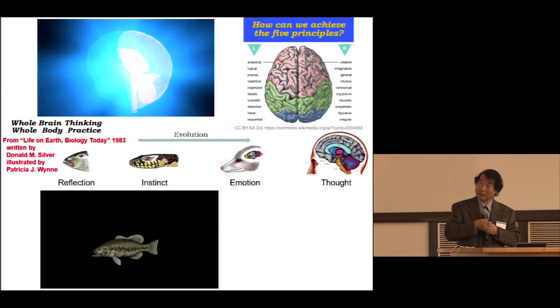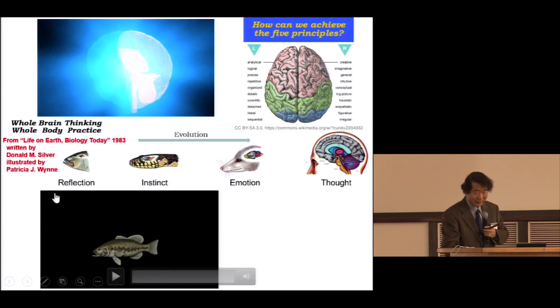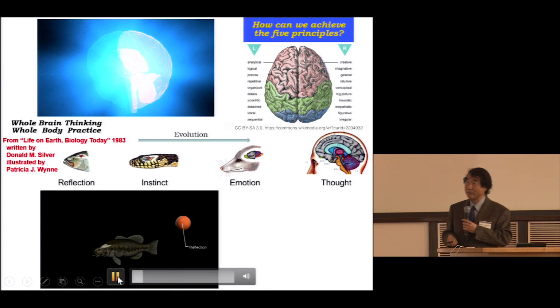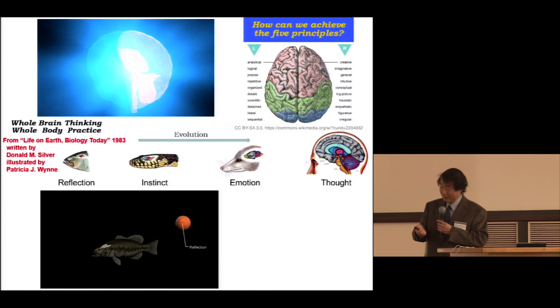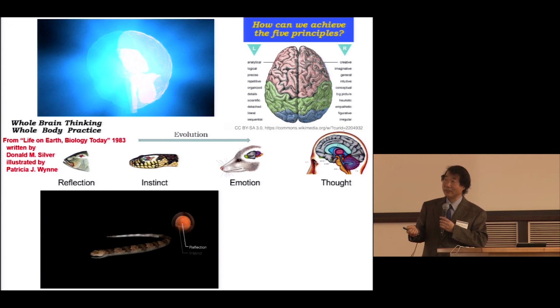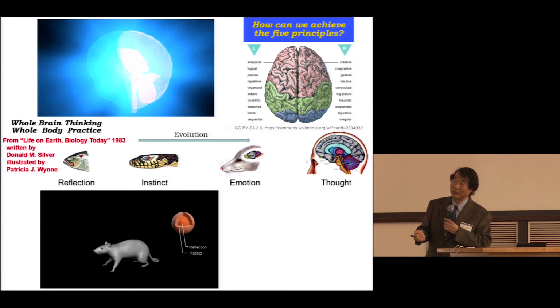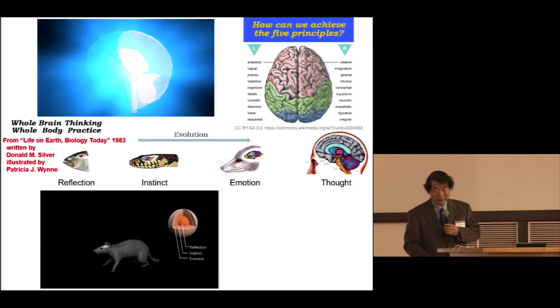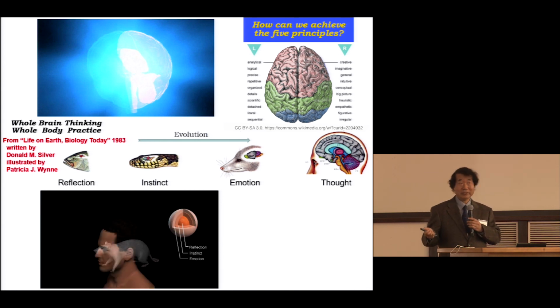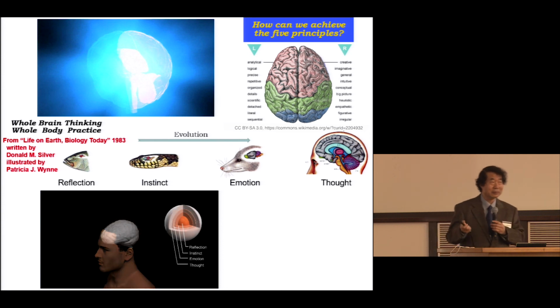In addition, we should realize the evolutionary processes in history, starting from fish. There are 4 different layers relating to reflection, instinct, emotion, and thought. We generally consider thought very important, but it's not good enough.